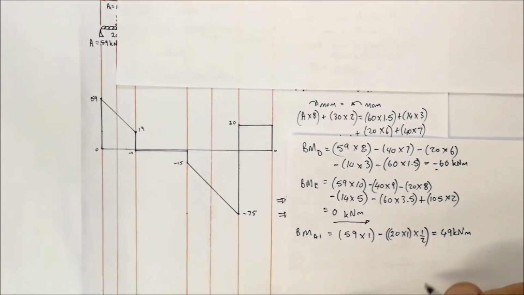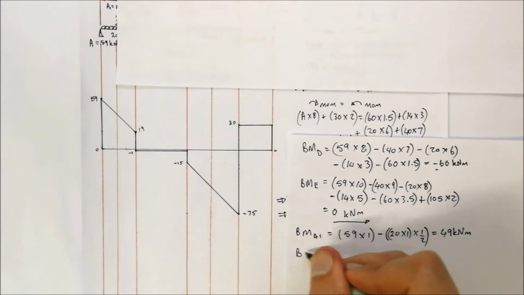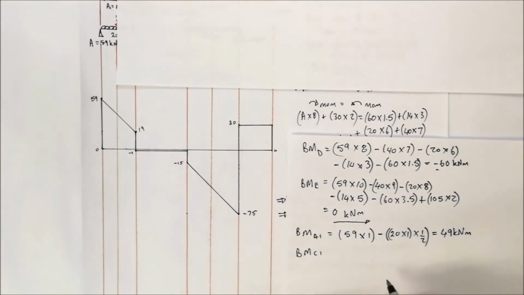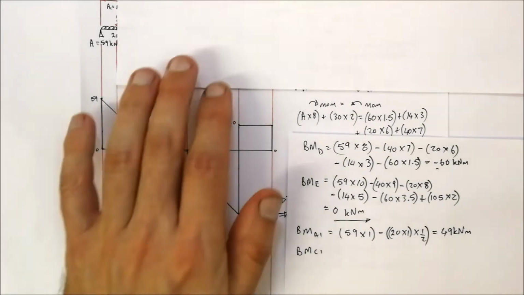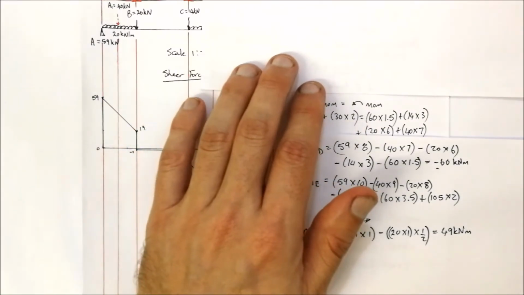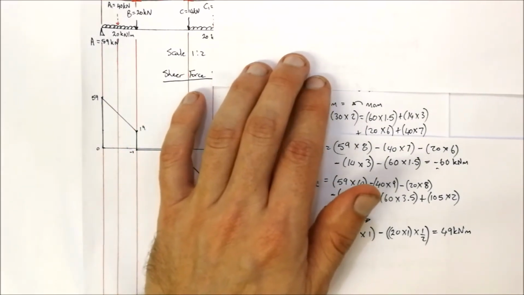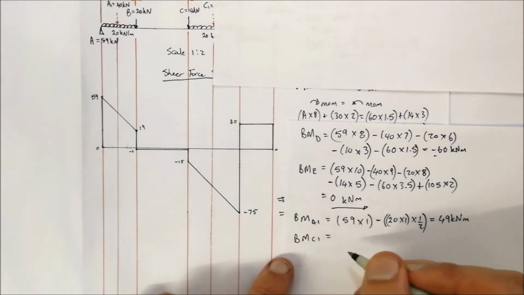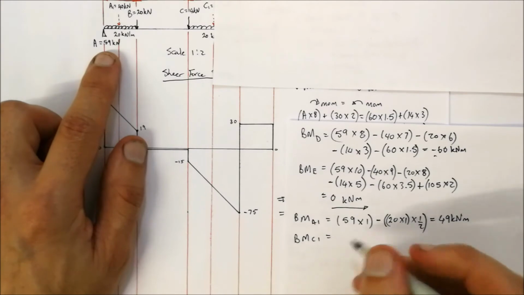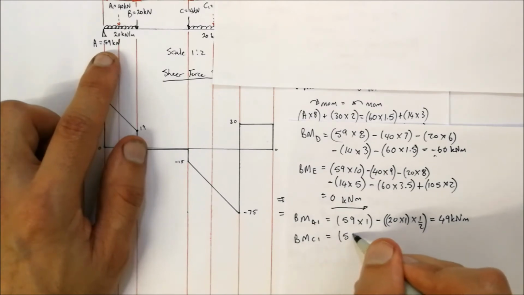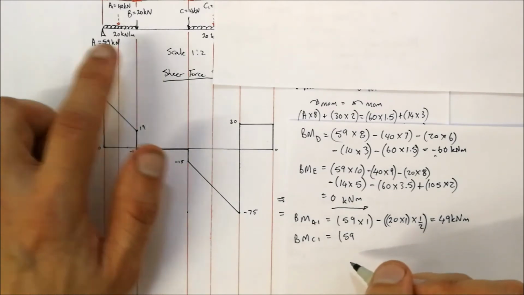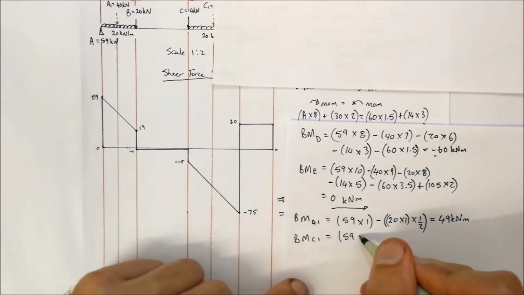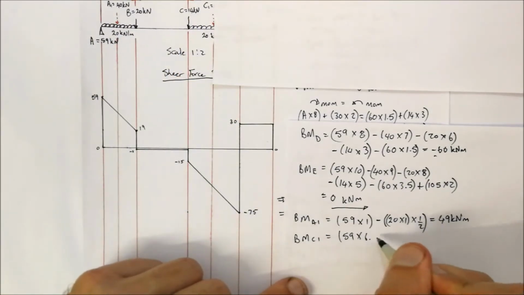Okay, let's have a look at the bending moment of C1. Okay, so now we're going to be moving across to C1. Place a sheet of paper over there. Okay, so we've got A, which is 59 kilonewtons. Distance from A to C1 is 2 plus 3 is 5, plus 1.5 meters is 6.5 meters.